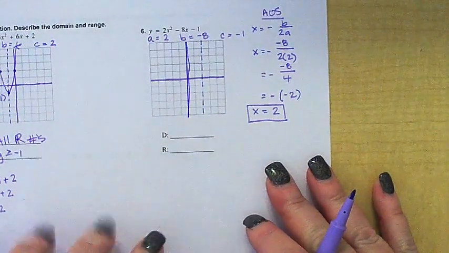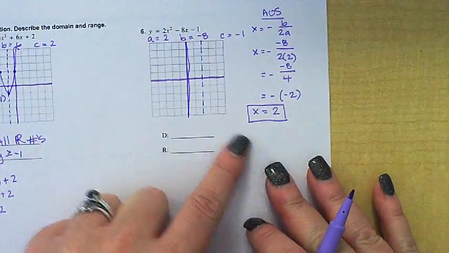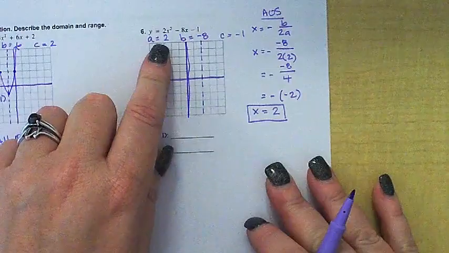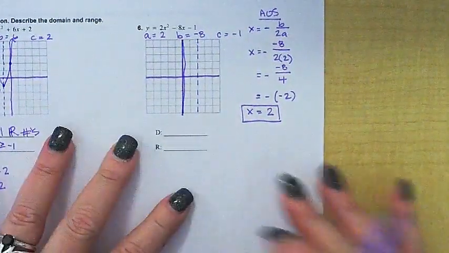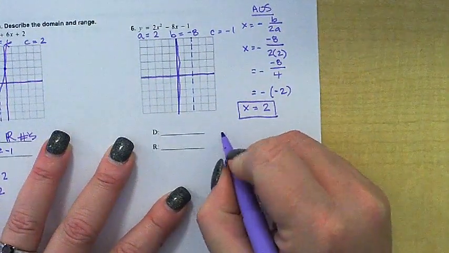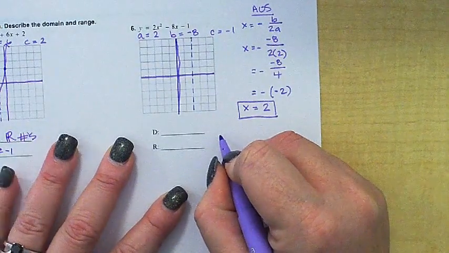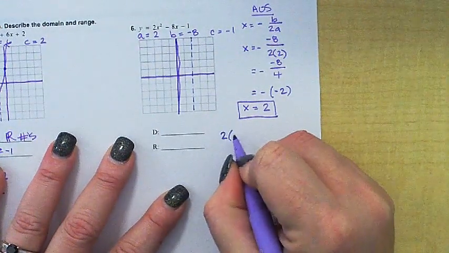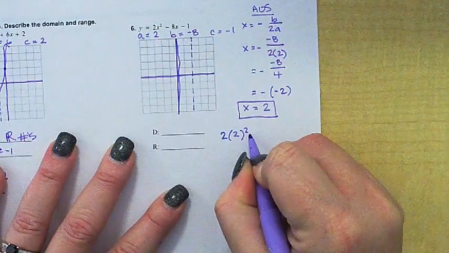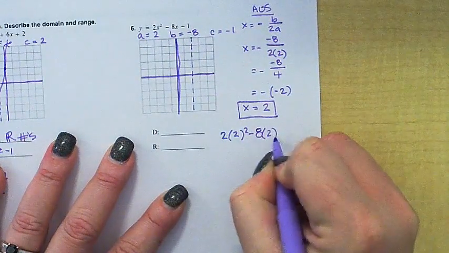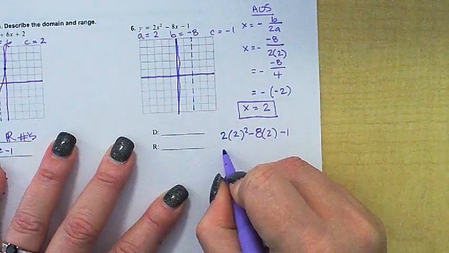Okay, now we need to find our vertex. We've got a positive a. That tells me it's going to open up. So we're going to plug that x back in, which will give us 2 times 2 squared minus 8 times 2 minus 1.